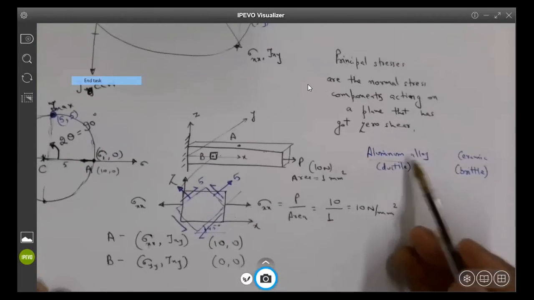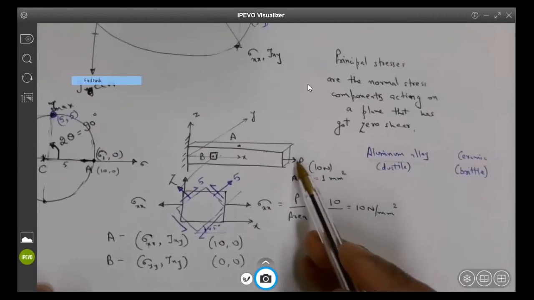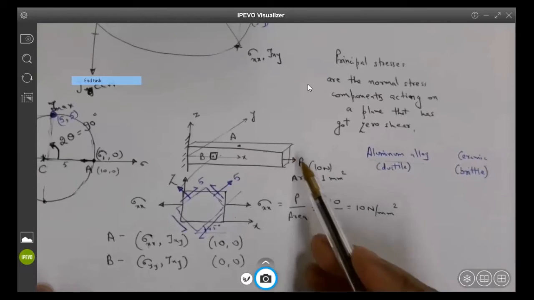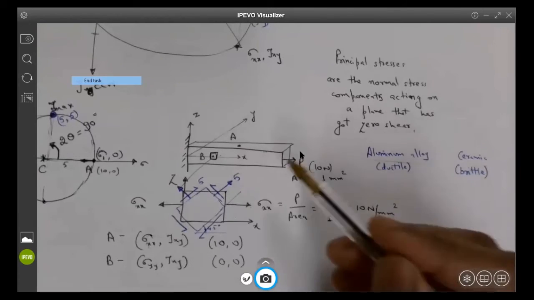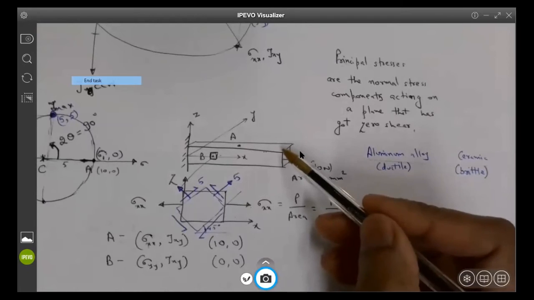In these two types of materials, if the load keeps on increasing, eventually the material is going to fail, right? Everybody agrees with me on this part? Yeah. If I keep on applying the load, the material will fail.